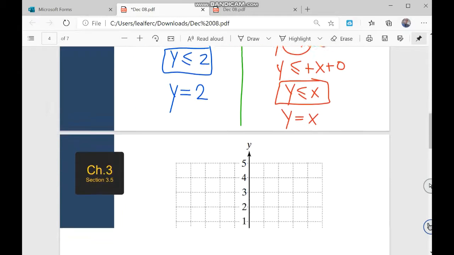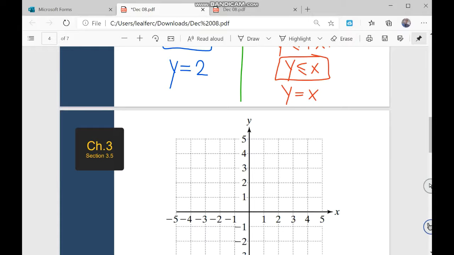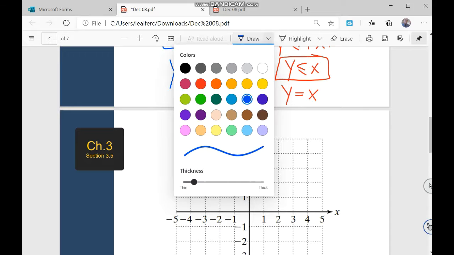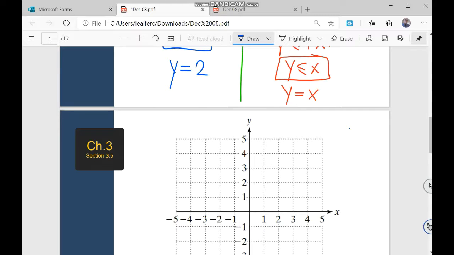Okay, let's graph this. First one that I have to graph, y equals 2. Do you think this is going to be a vertical or horizontal line? Y equals 2 is right here, and it's pretty simple to remember.